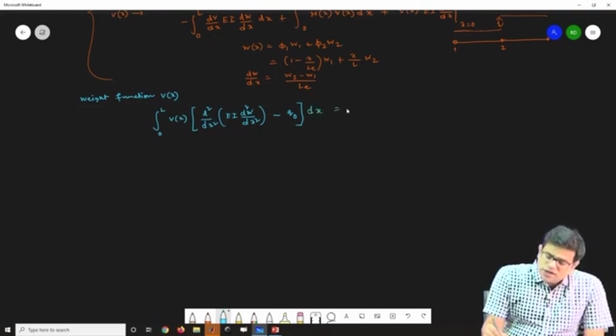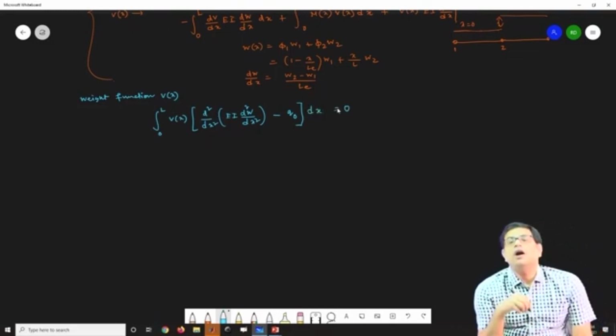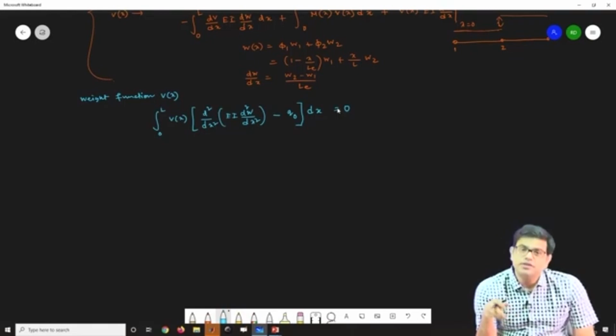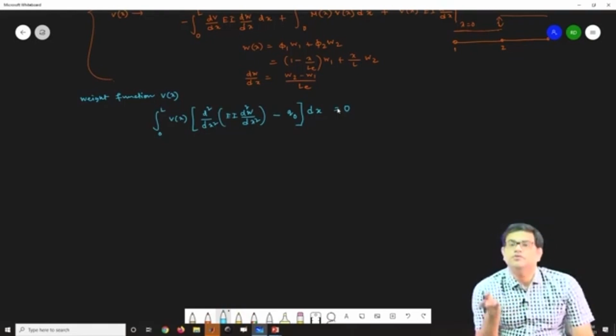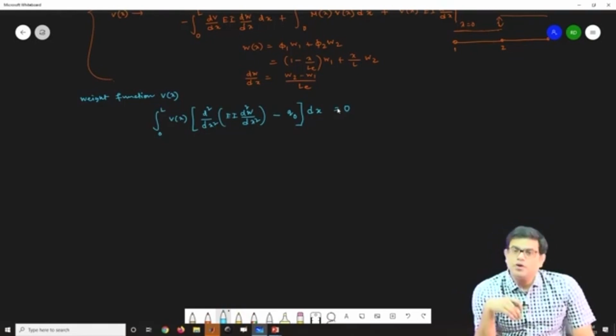So this is the weighted integral statement, or this is also a weighted residual statement if we choose w as an approximated solution of the original w.